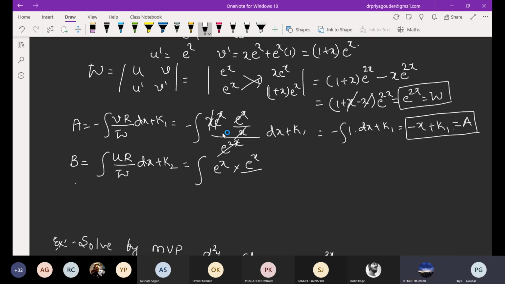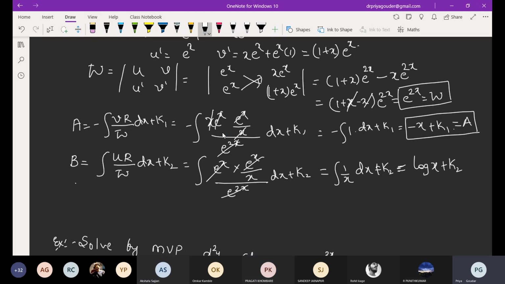R is e raised to x by x. W is e raised to 2x. What remains? 1 by x. Integration is log x.